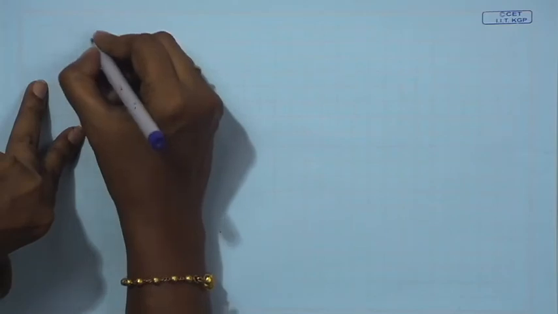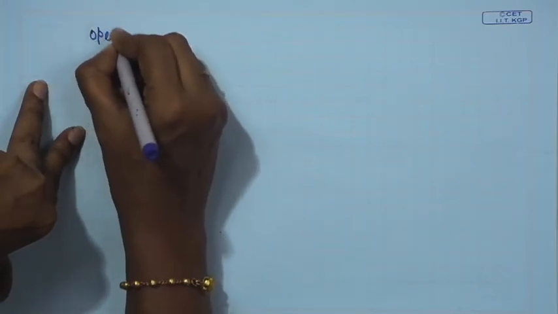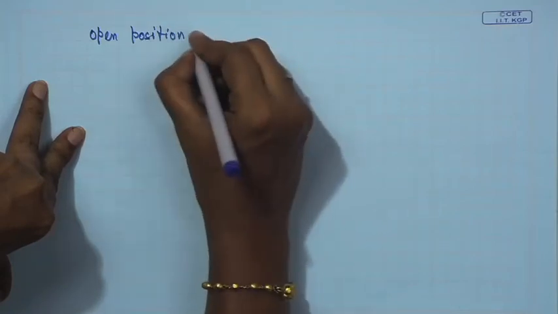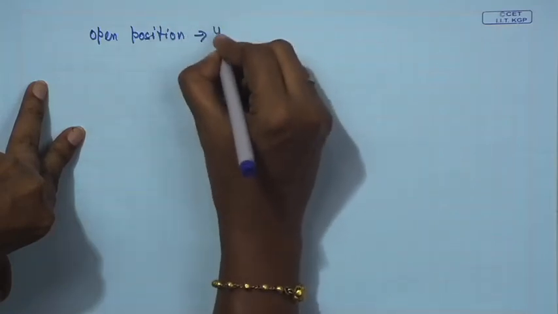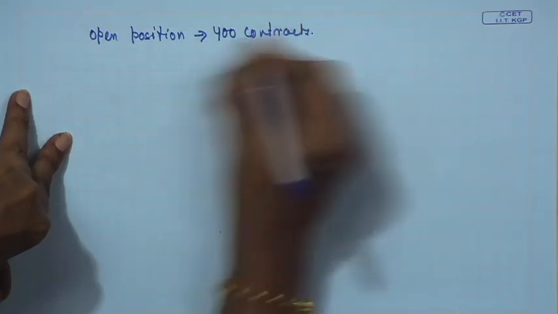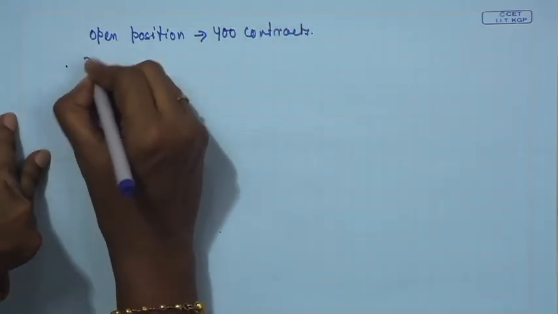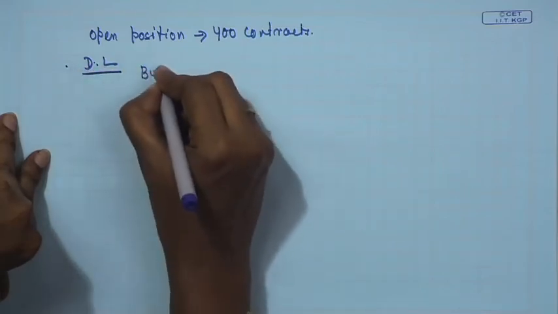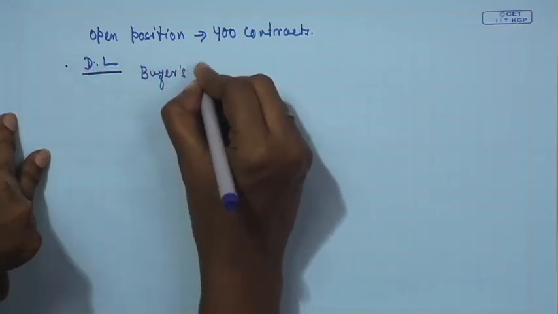We have an open position for 400 contracts. Let us say the delivery logic, DL, is buyer's choice.